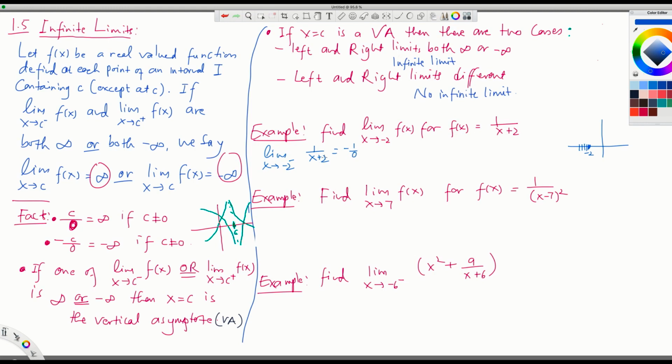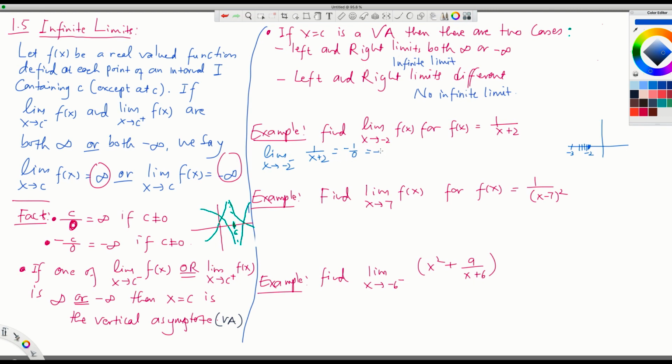You are taking x values close to negative 2 from the left, so when you find the difference, you will get a negative number all the time. But when you get very, very close to negative 2, at that time the difference of x and negative 2 is almost 0.